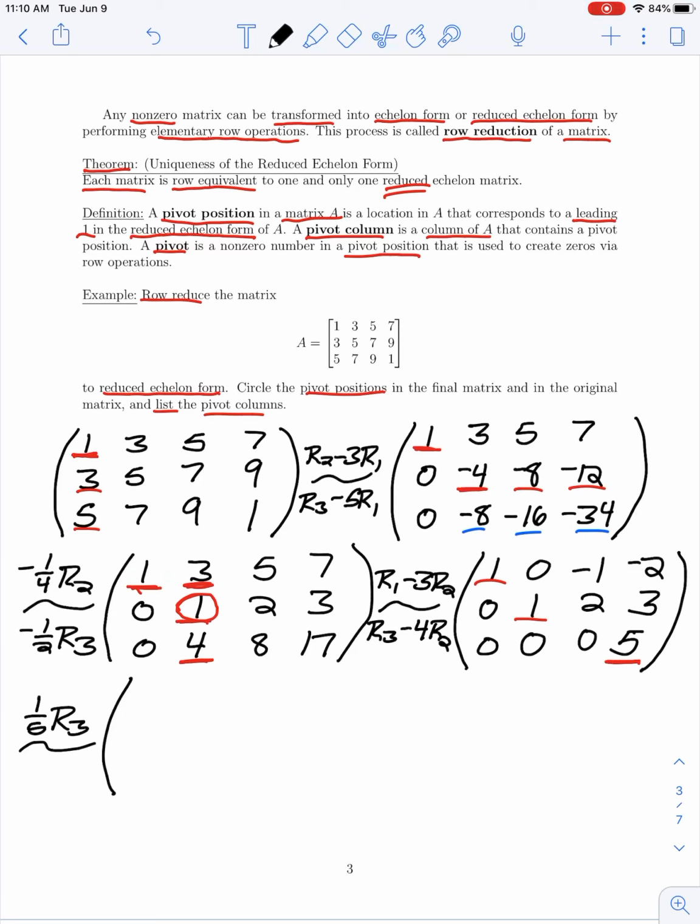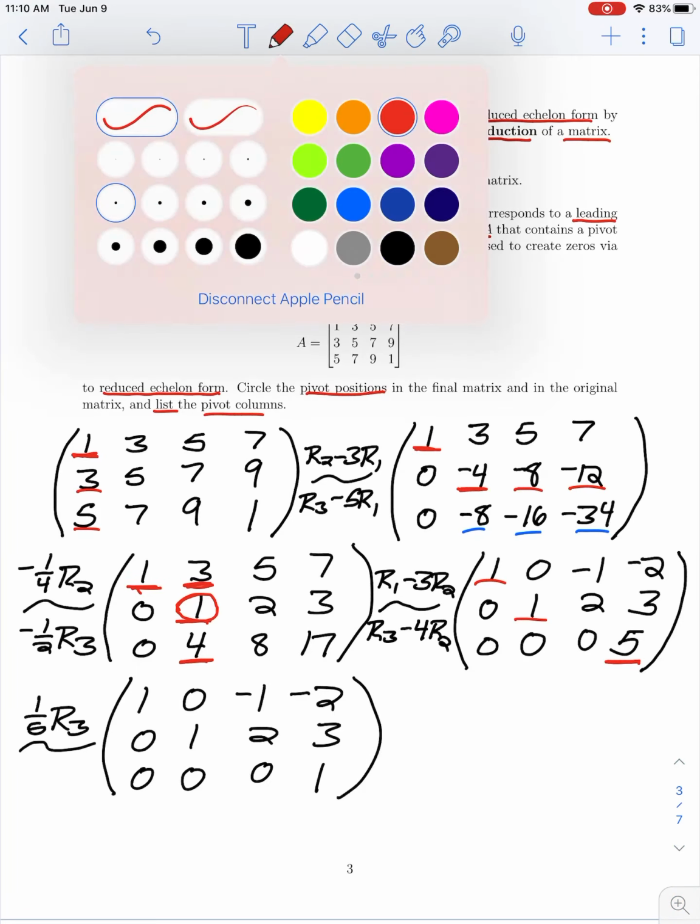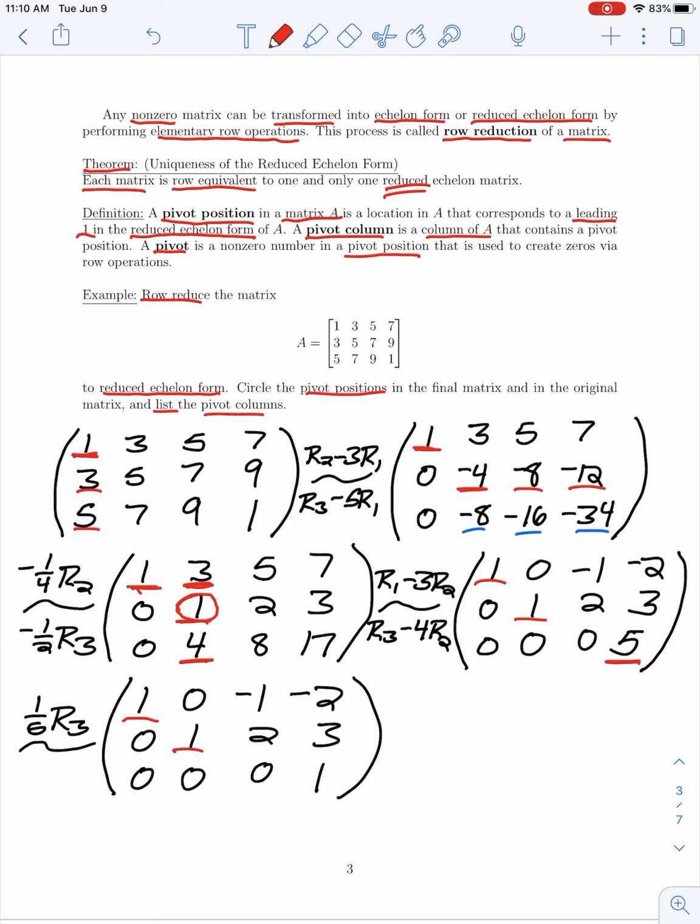Just divide the third row through by 5. So my first 2 rows are the same. I have 1, 0, -1, -2, 0, 1, 2, 3. And dividing the last row through by 5 gives me the leading entry of 1 that I wanted in that last row.